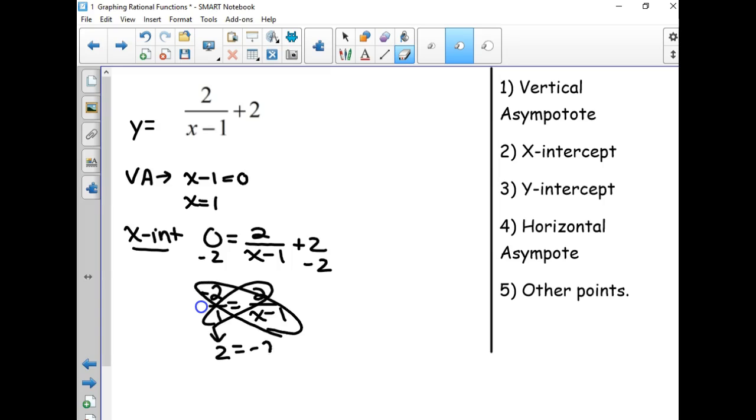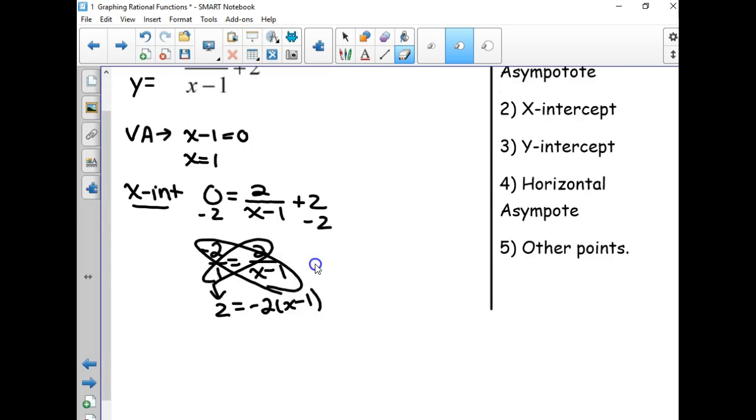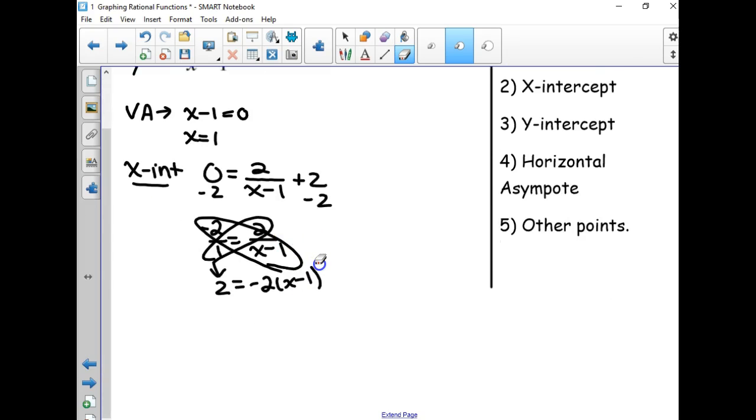This is negative 2 times x minus 1. That's probably what I should have done from the beginning instead of going so fast. I'm going to distribute the negative 2. Negative 2x plus 2 is equal to 2. And what is my x-intercept going to be? 0. My x-intercept is going to be 0.